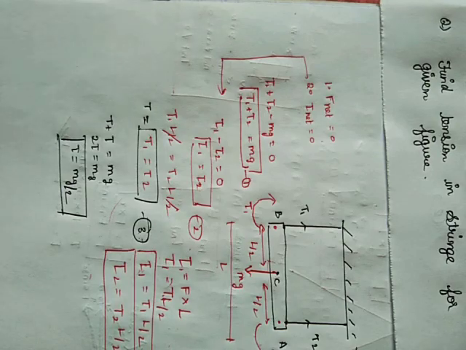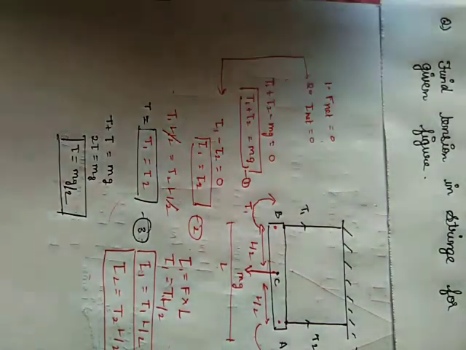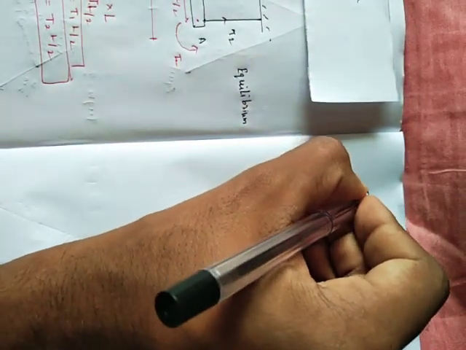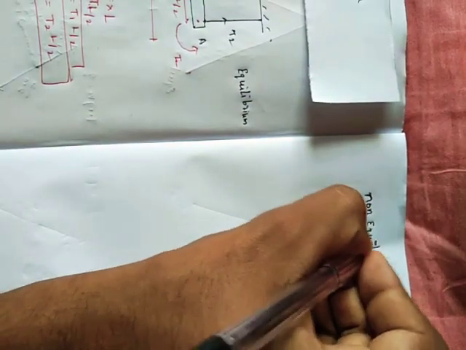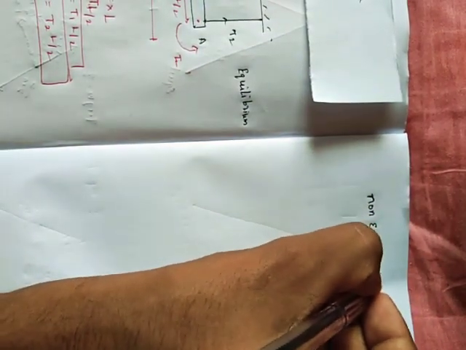That's it. Now moving to the second case, which is called non-equilibrium cases. This is a most important topic. It is called non-equilibrium for cases where the net force on the system is not zero or the net torque on the system is not zero.